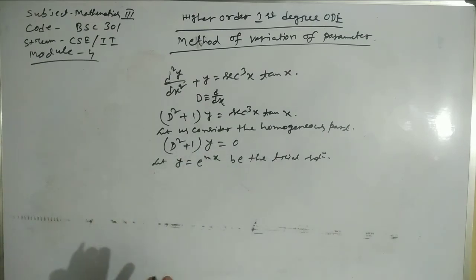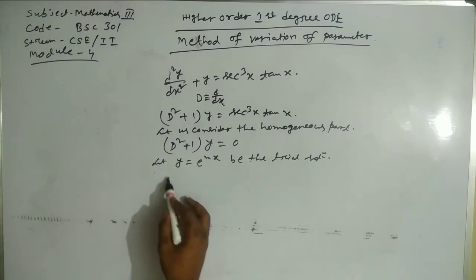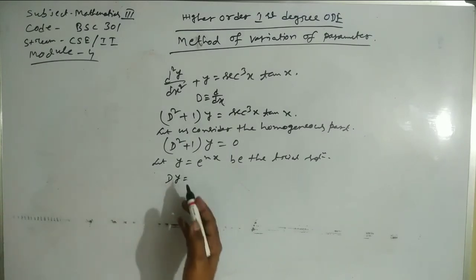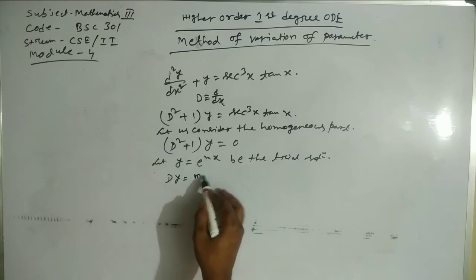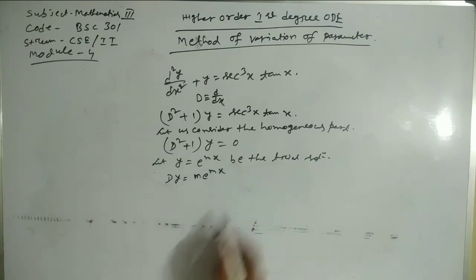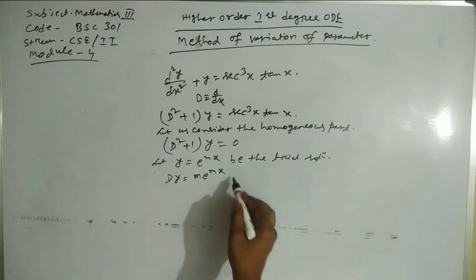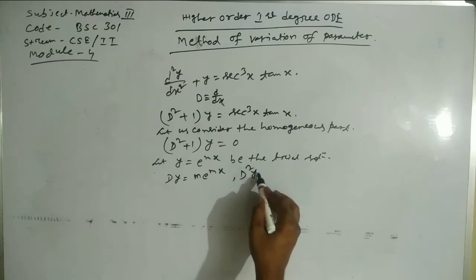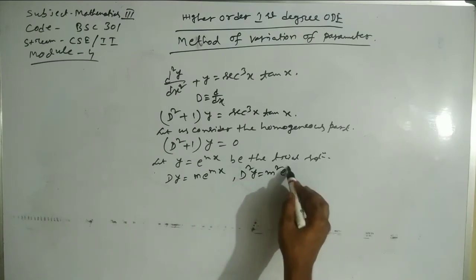So we take e to the power mx as a trial solution. Okay. So now we are finding dy, that is first order differentiation of y, that is m e to the power mx. Next we find d square y, that is m square e to the power mx.